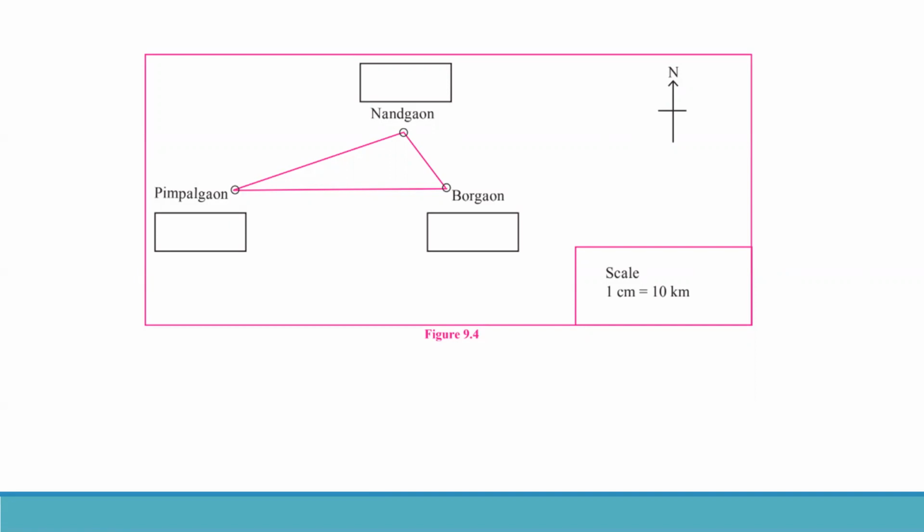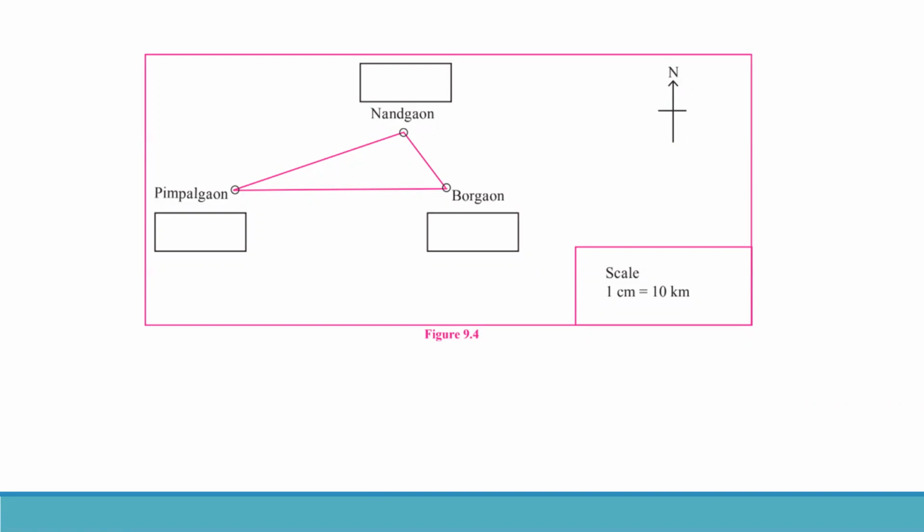Now carefully look at this picture as I read a situation given. The distance between the two villages of Sail and Minal is 50 kilometer. The distance between the villages of Minal and Pragya is 20 kilometer, and Sail and Pragya is 60 kilometer.